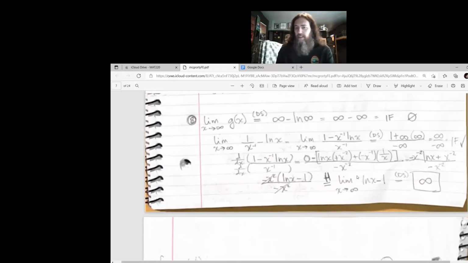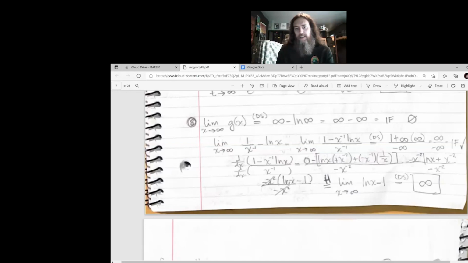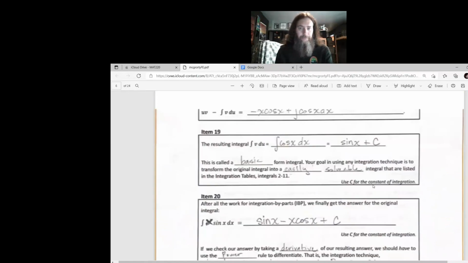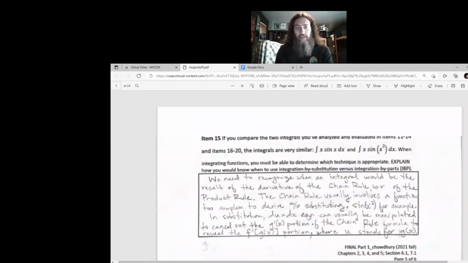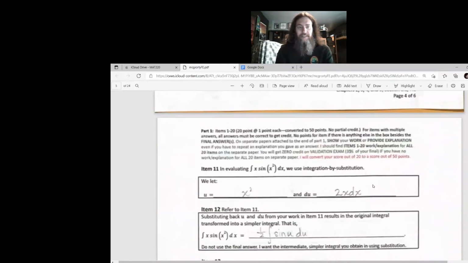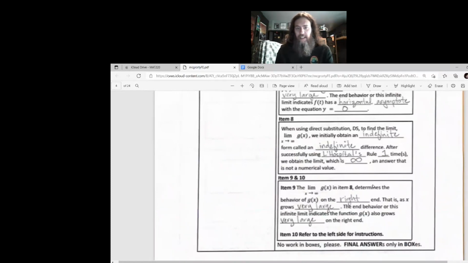We only needed to use it one time to get to this natural log of x minus 1, which we were then able to substitute in here, and we end up with our non-numerical value. Okay, so that's how I got infinity there for that guy.